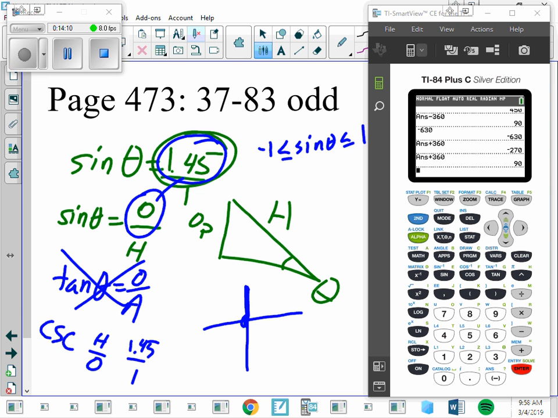Yes. Can it be the opposite? 1 divided by 1.45? No. So the cosecant is the exact opposite of the sine, which means everything but this. The cosecant has to be bigger than 1.